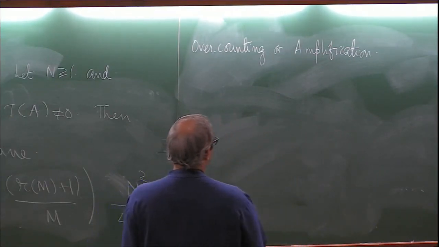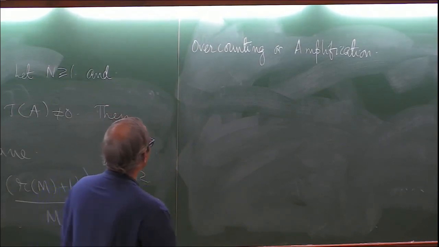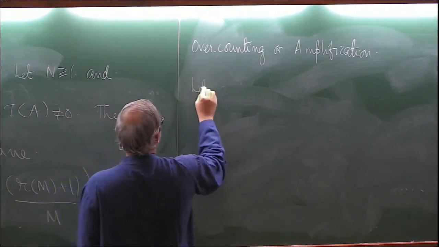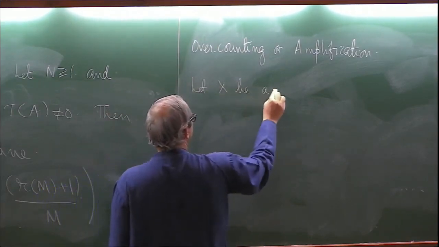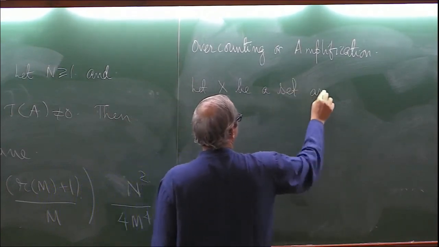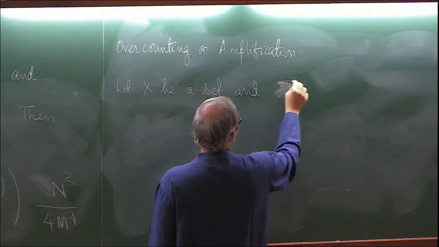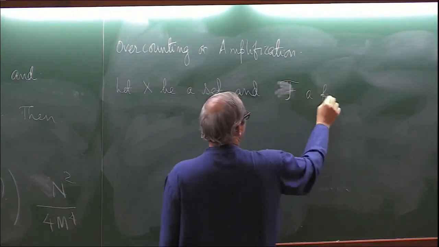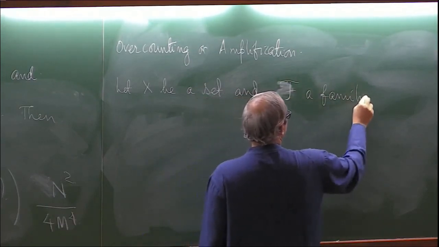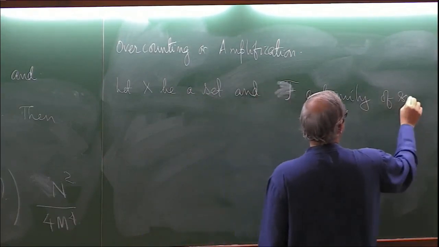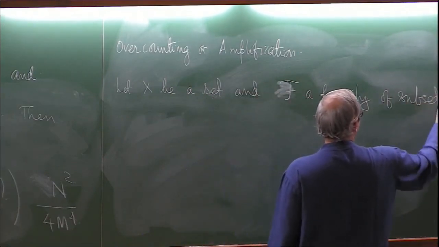So what does this deal with? Suppose X is a set, A a subset, and F a family of subsets of X.